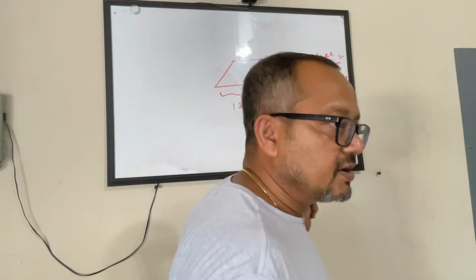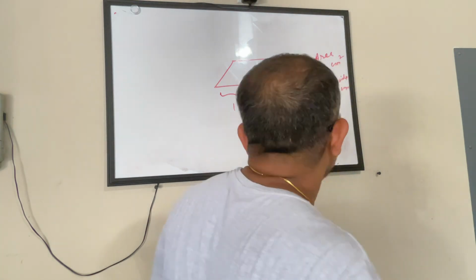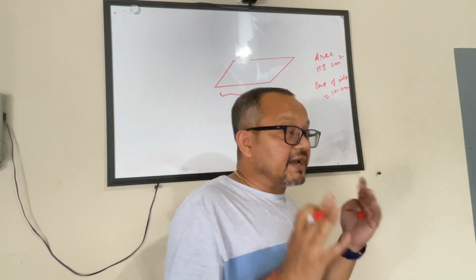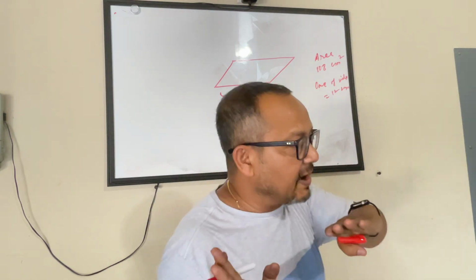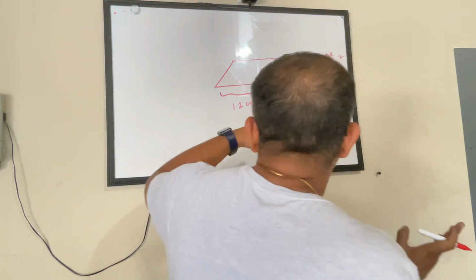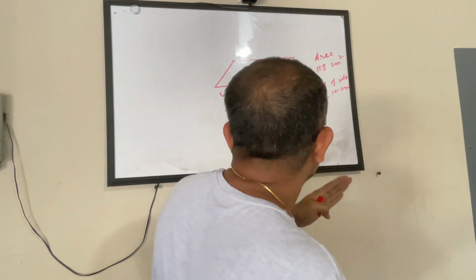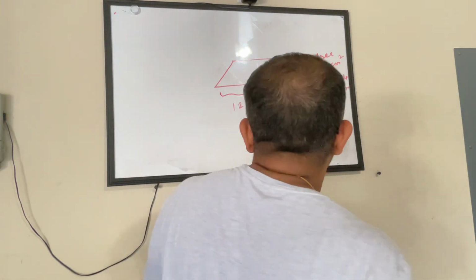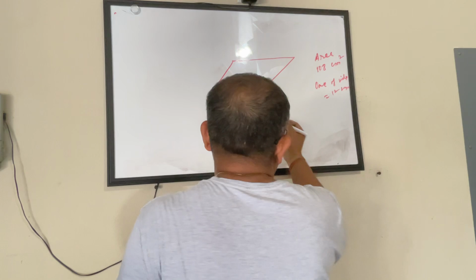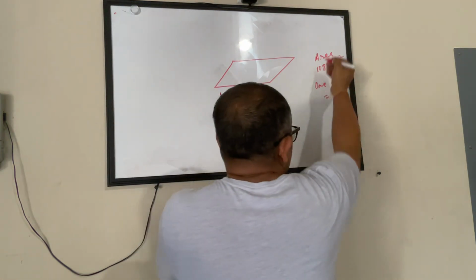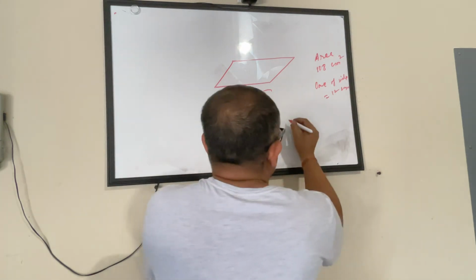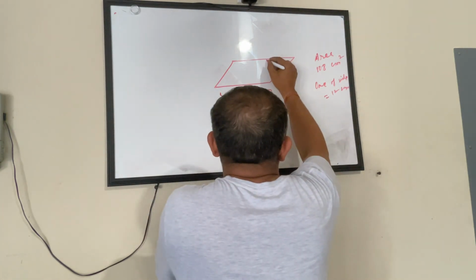Now, the first thing I will think about is, okay, if I'm talking about a parallelogram, what is the area of a parallelogram? Base times the perpendicular distance between them. So what is the perpendicular distance between them? Let's find it out.